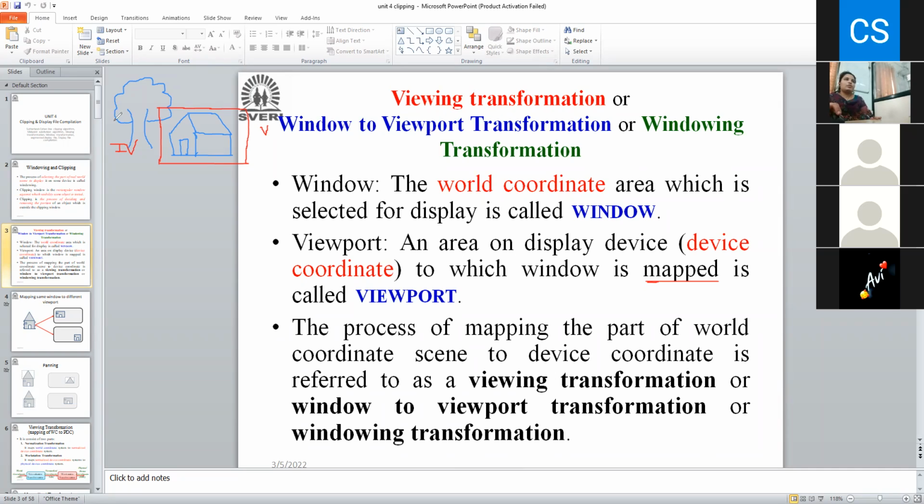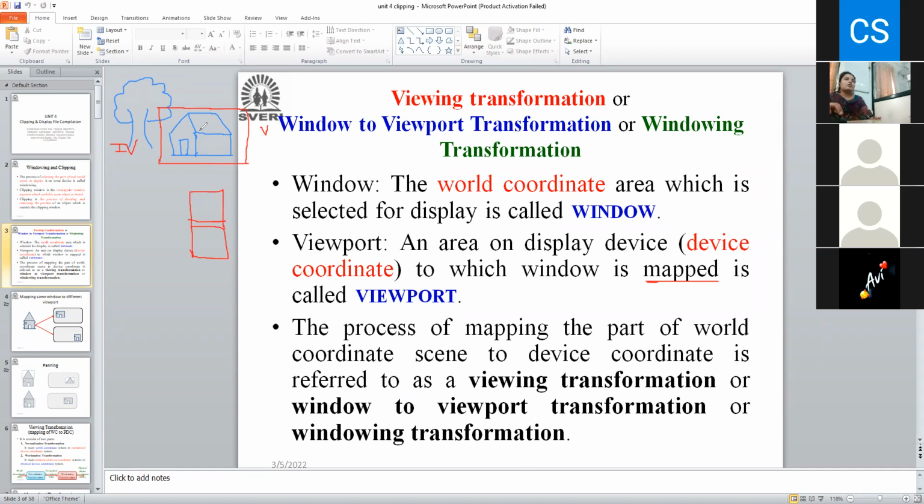Right? So you have to remember that if our screen is changing, suppose I am capturing the image on a laptop, then the mapping will be different. If I am capturing the picture on a mobile phone, then the mapping is different.